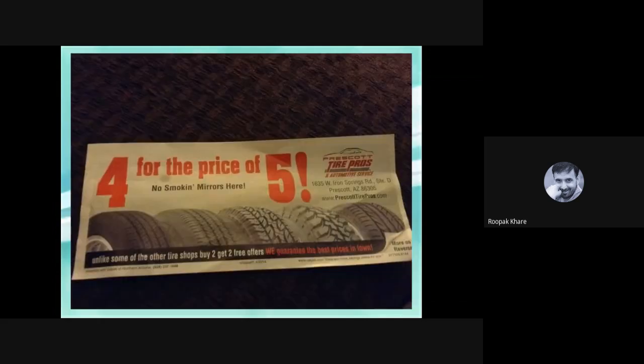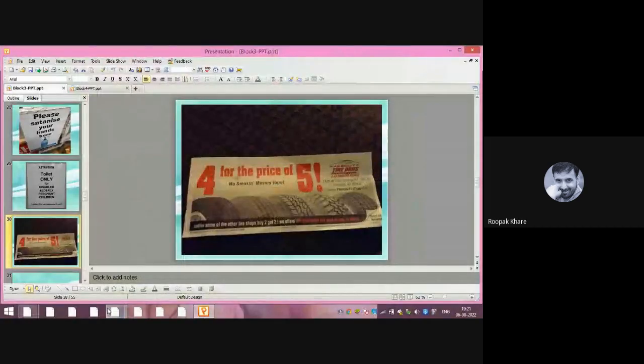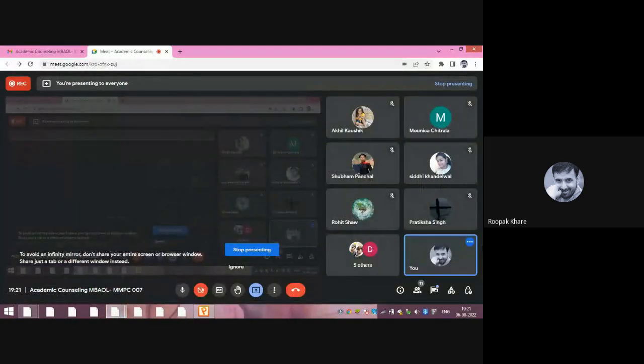Yes, read this advertisement. Who will tell me what's wrong with this advertisement? You want to see it again? Yes, it says pay for five instead of four.